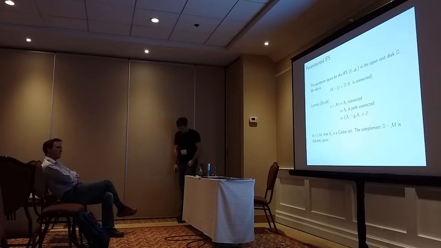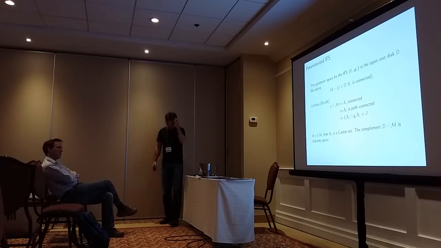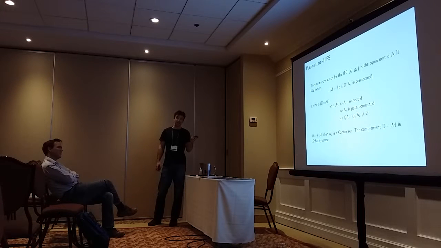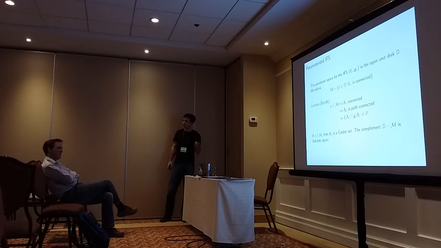Okay, so the parameter space was the open unit disk, and I'm going to be interested in the set M, for Mandelbrot, the analog of the Mandelbrot set for this situation, which is all parameters where the limit set is connected. That's maybe the definition that you make, but then there's this lemma that says that the limit set is connected if and only if it's path connected, if and only if f and g touch.